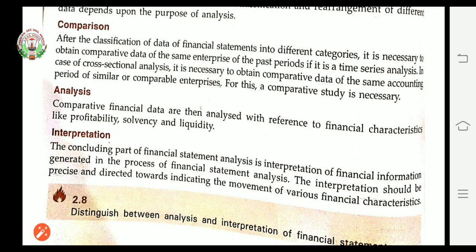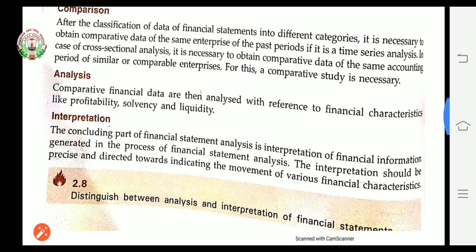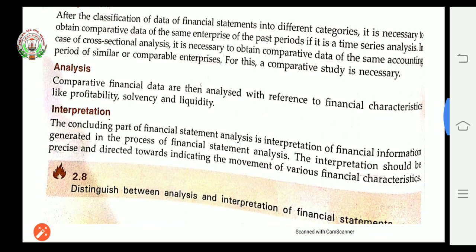Now interpretation. After analysis we have interpretation. That is the concluding part, coming after all the first three processes. In this concluding part of financial statement analysis, interpretation is made of the financial information generated in the process. After all the analysis, interpretation will be done, and this interpretation will be precise.